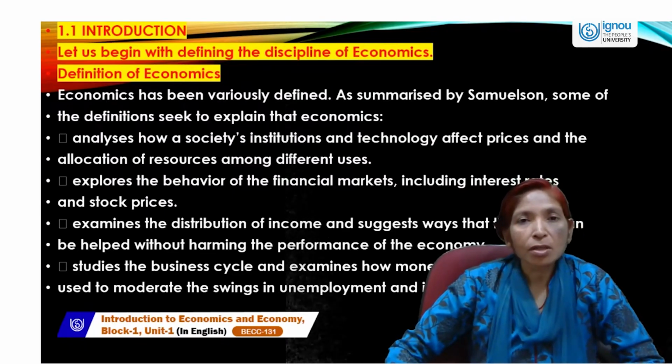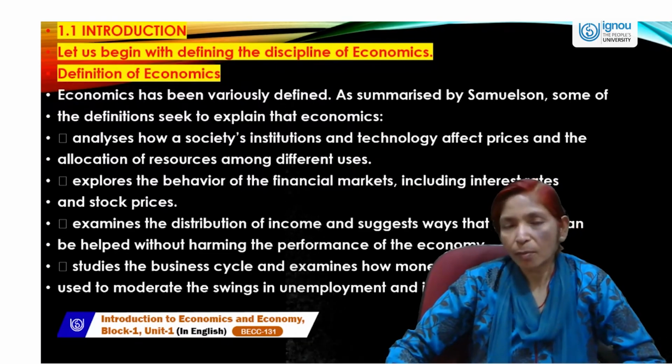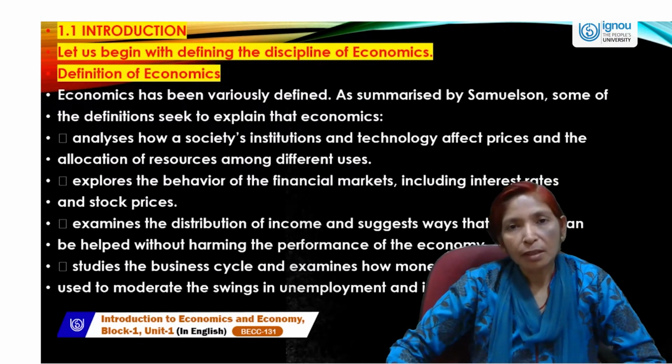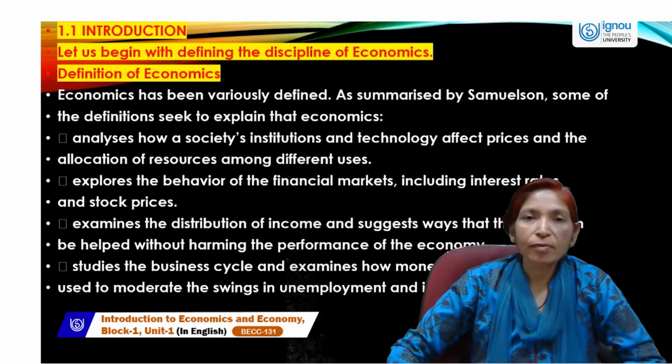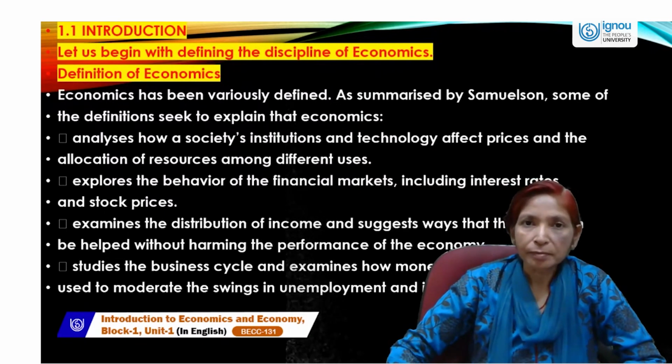But this definition is not appropriate or accurate because it includes only one aspect of economics and ignores other aspects, like social behavior and welfare of the country's people, the alternative use of limited resources for satisfying the unlimited wants of the people, and how the whole economy can benefit from the allocation of resources in an optimal way.